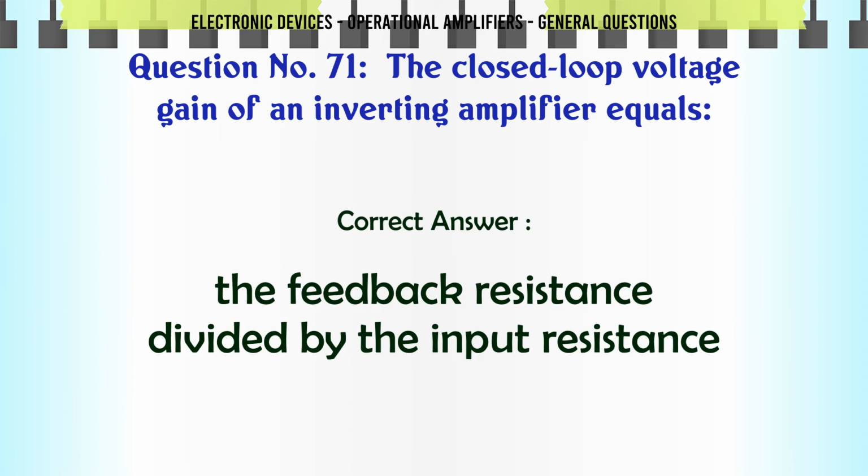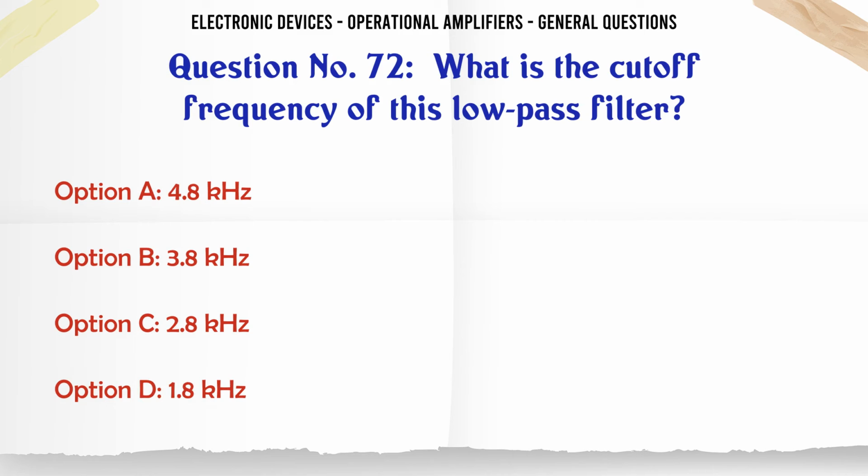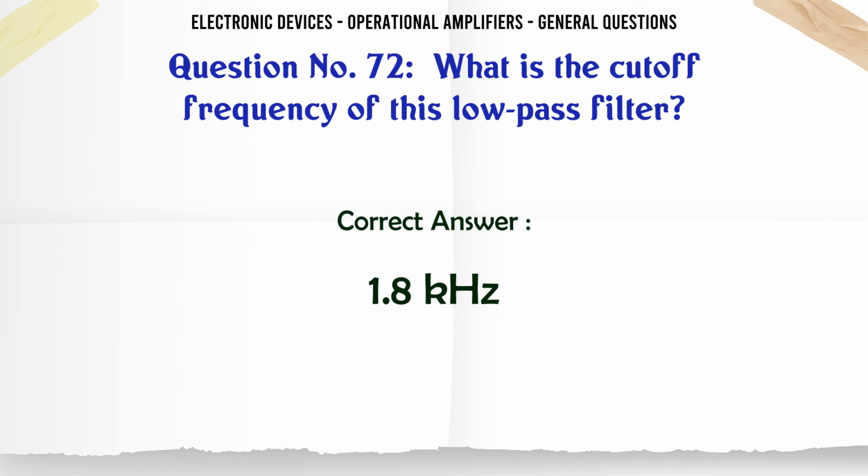The correct answer is the feedback resistance divided by the input resistance. What is the cutoff frequency of this low-pass filter? A. 4.8 kHz, B. 3.8 kHz, C. 2.8 kHz, D. 1.8 kHz. The correct answer is 1.8 kHz.